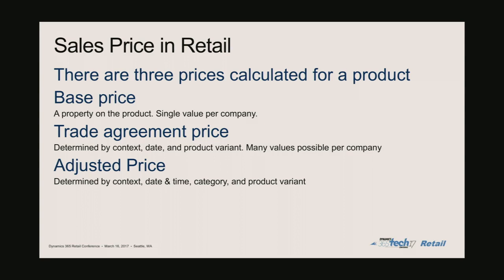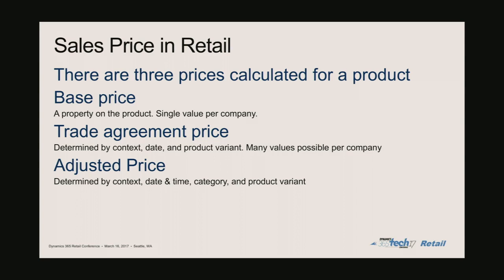One is just the property on the product. The other is the main place that you set prices, and I'll cover that in a little more detail. And then the third is retail specific. That's the adjusted price. So the first two are available in a slightly different flavor outside of retail, and the last one is just retail specific.